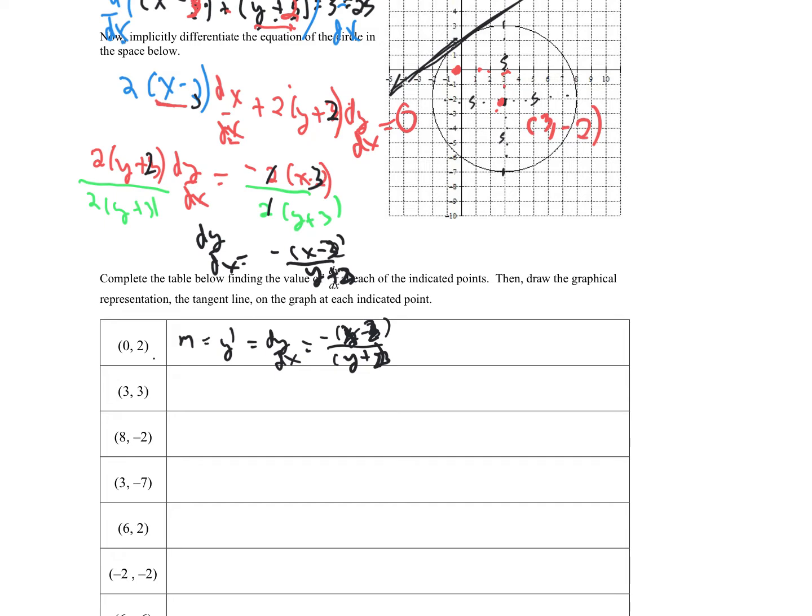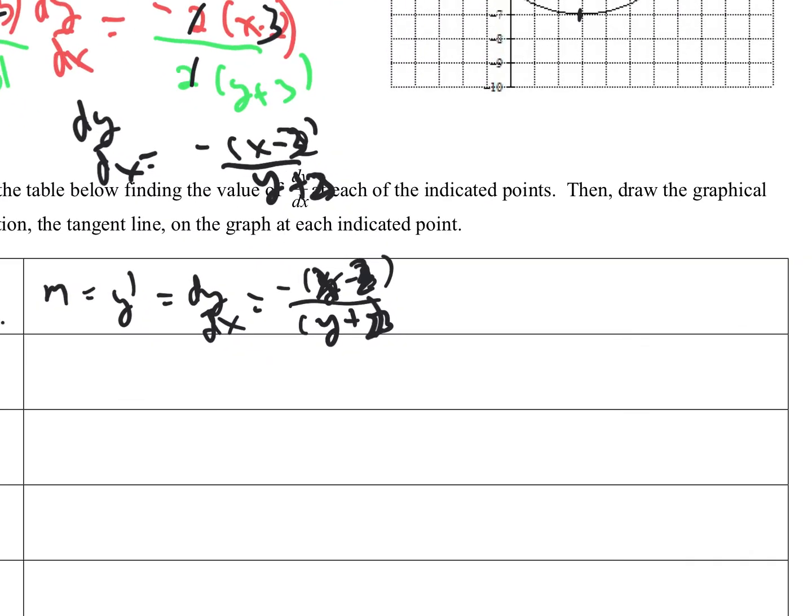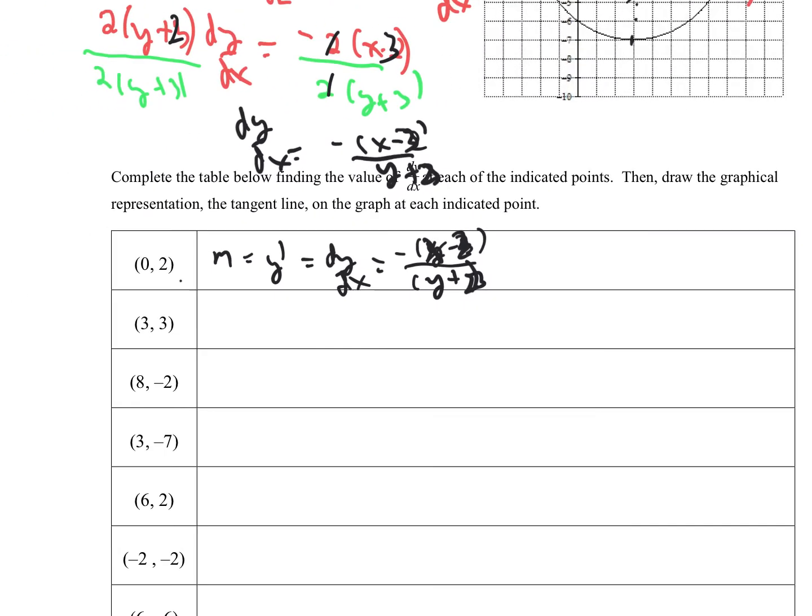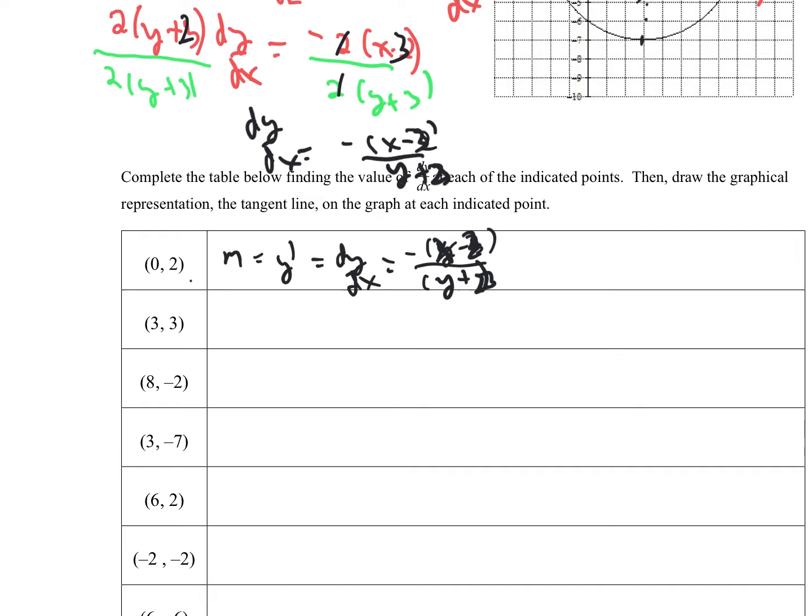Okay. So now that I wrote it correctly, x minus a 3, y plus a 2, I am going to do my dy/dx at 0, 2, which just means I plug in the x as 0 and the y will be a 2.